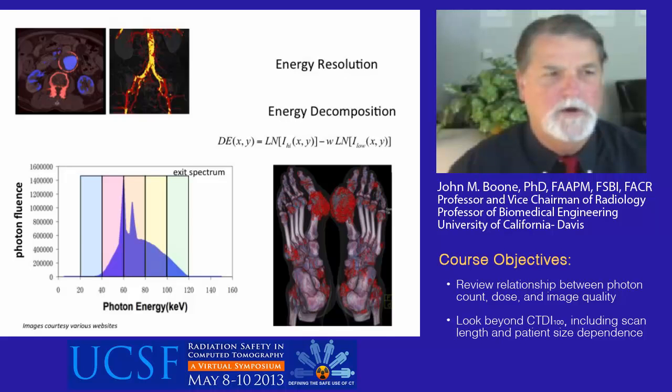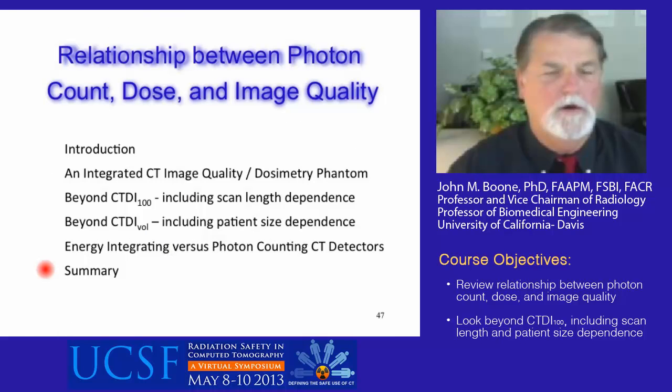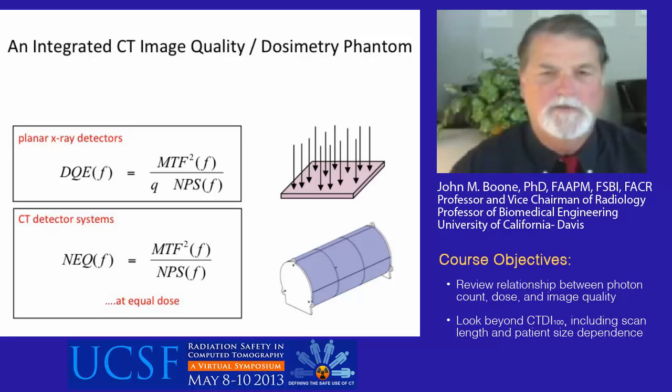So in summary, we hope to have a reality in the near future where physicists can use a combined dosimetry phantom with an integrated CT image quality phantom. It will allow an analysis where we will know the radiation dose and can quantify the noise properties in that setting, very similar to the well-utilized DQE, detective quantum efficiency, used in planar radiographic imaging.